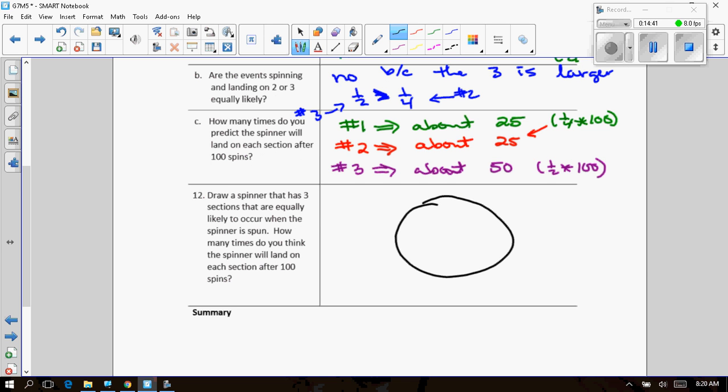I need my 3 parts to be equally likely, which means they're going to have to be all the same size. So I'll put a center in there, and I'll do the best I can at drawing into thirds: 1, 2, and 3. They're not exact, but they're pretty close. If I wanted to, I could get a protractor out and get them to be exact, but we're close enough.